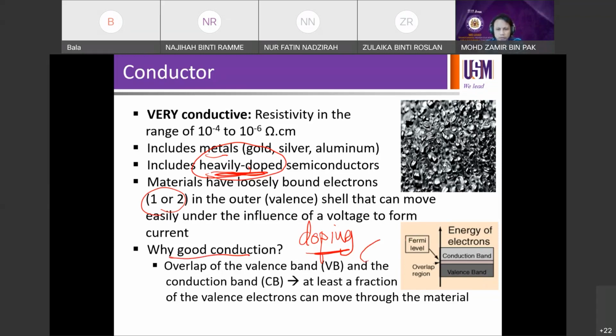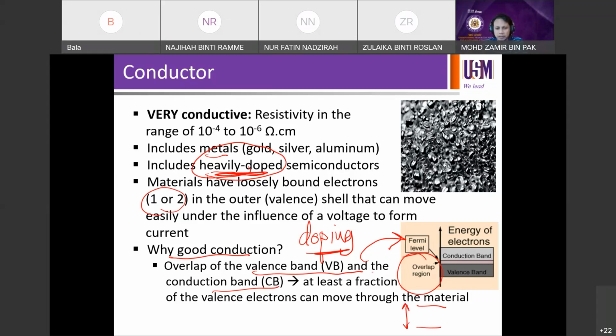If you look into this overlap region, or the energy gap that we're going to discuss in detail later on, there's an overlap between the valence band and the conduction band. So if you remember just now, we discussed the gap between conduction band edge and valence band edge for insulators, for semiconductors as well.